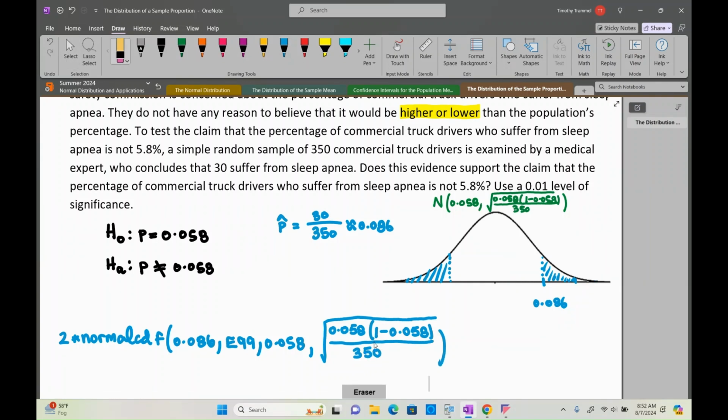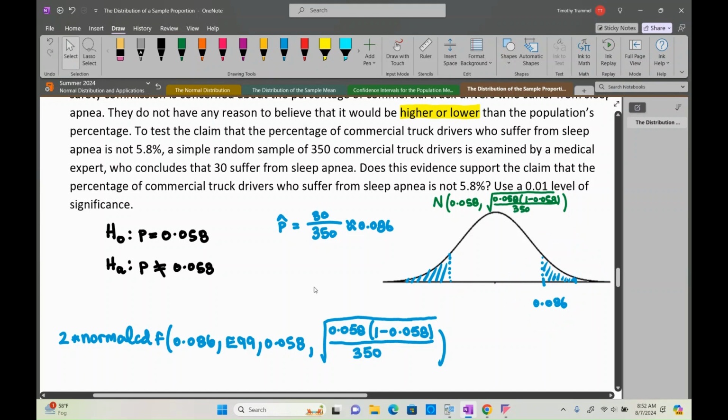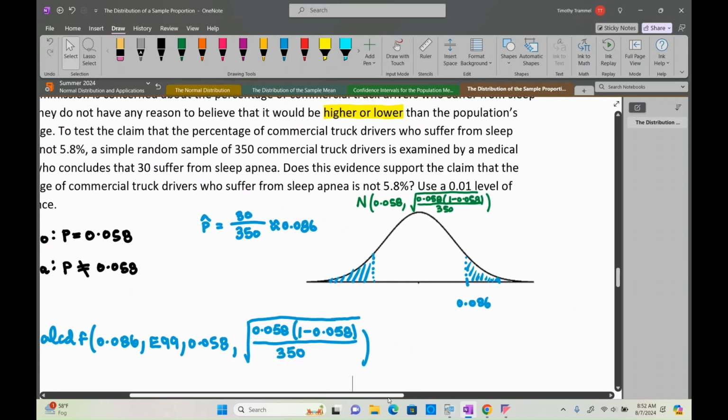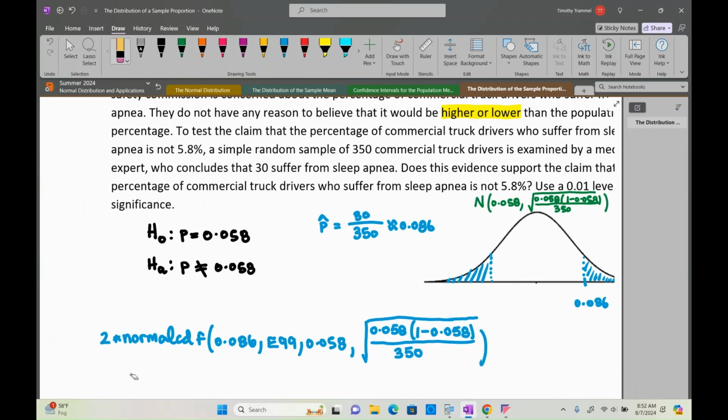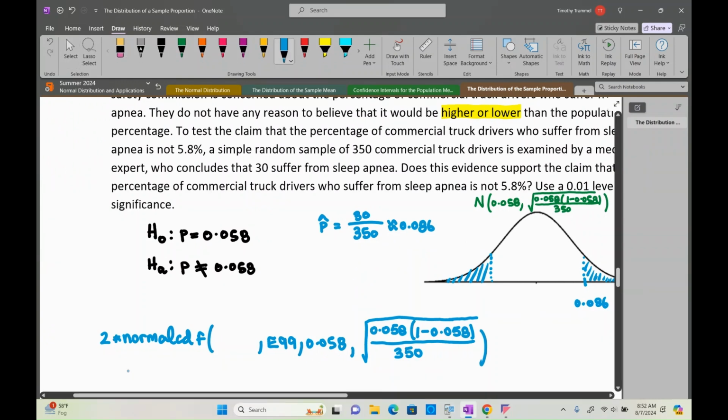There we go. Okay. So we need to get this all typed into the calculator. So I'm going to pull mine up here. Now I wrote in 0.086 here for p hat. That is not the exact value for p hat. I'm going to change that to 30 over 350.